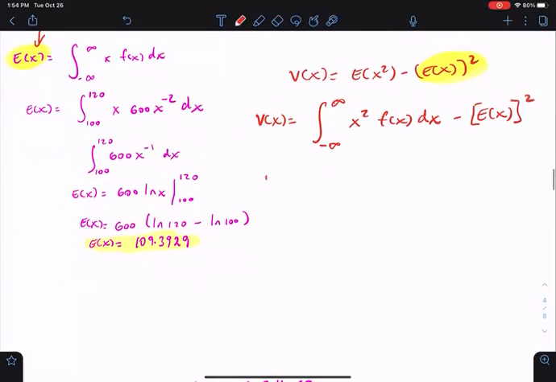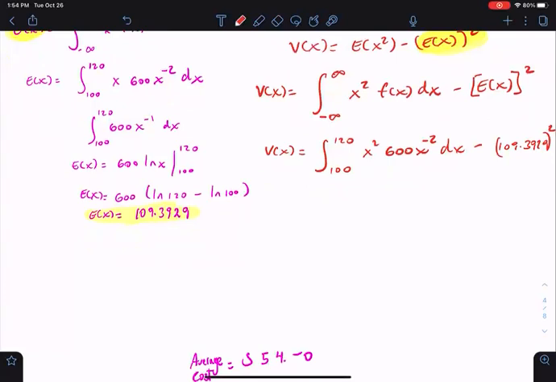So we just need to integrate, right? So the variance equals the integral from 100 to 120 of x squared times 600 x to the negative 2 dx, minus the expectation, which is 109.3929, everything squared, and then we compute.